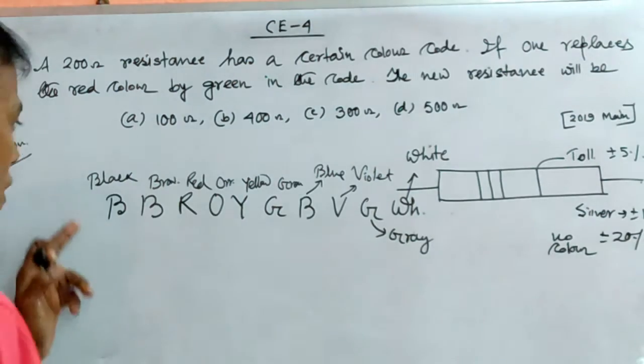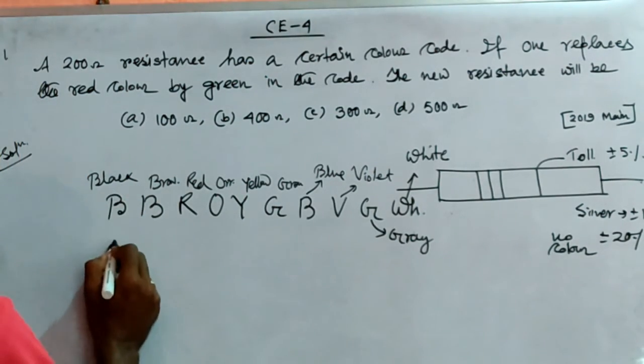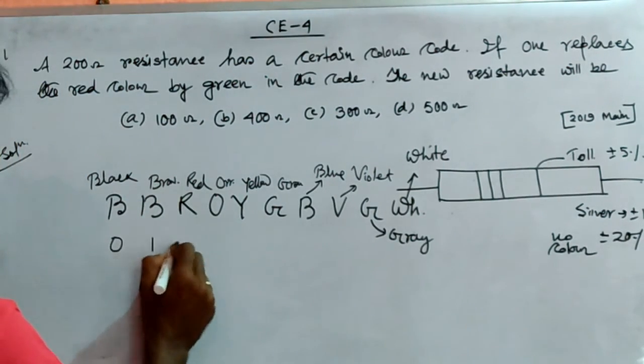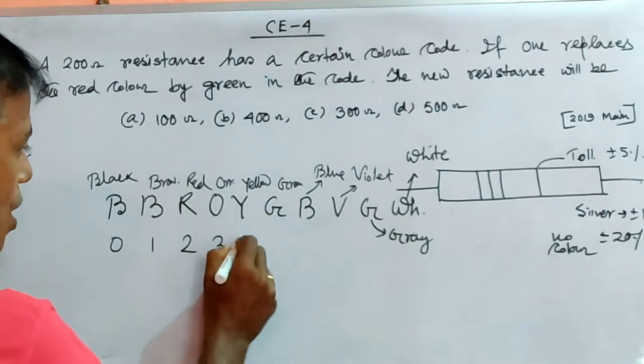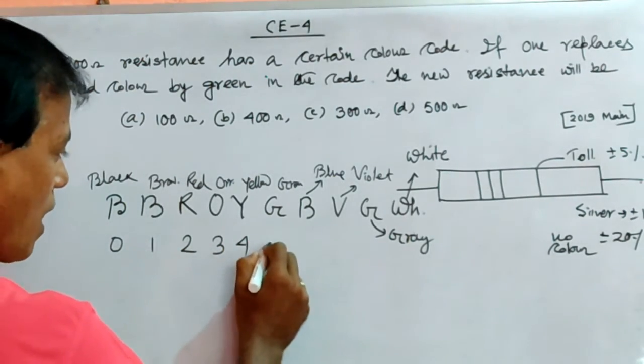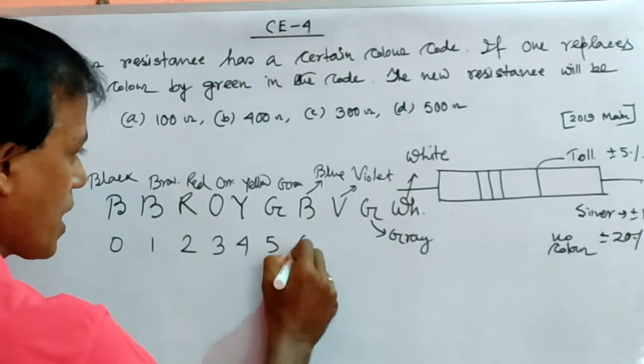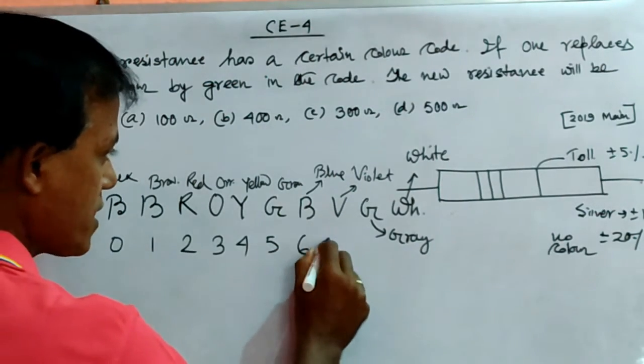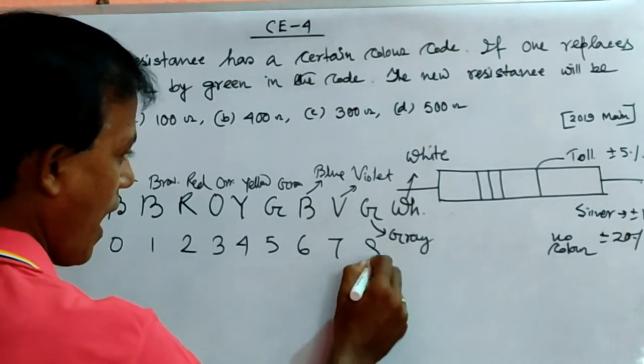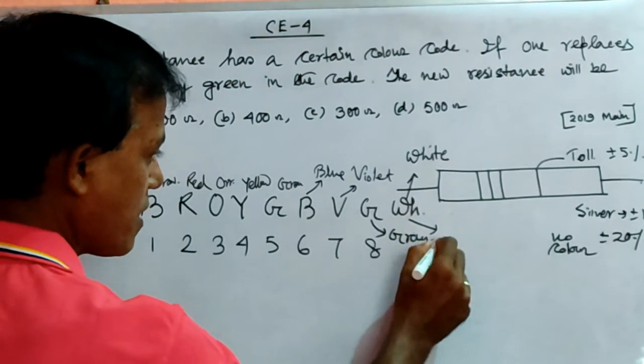And the figure for that color: black 0, brown 1, red 2, orange 3, yellow 4, green 5, blue 6, violet 7, grey 8, and white 9.